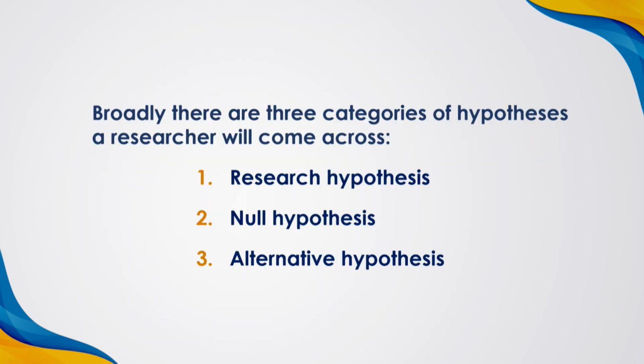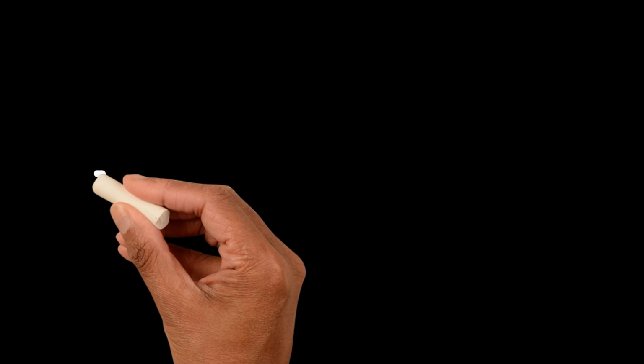Broadly, we have seen three categories of hypothesis a researcher will come across: research hypothesis, null hypothesis and alternative hypothesis. The null hypothesis and alternative hypothesis are statistical hypotheses that we are going to study later.